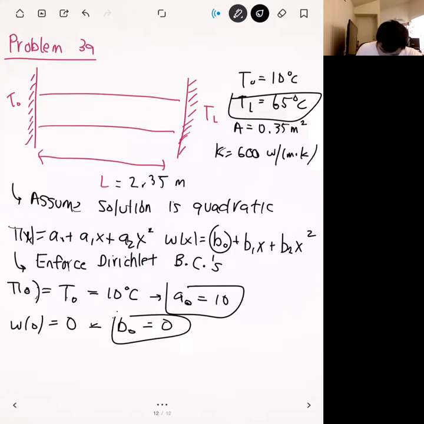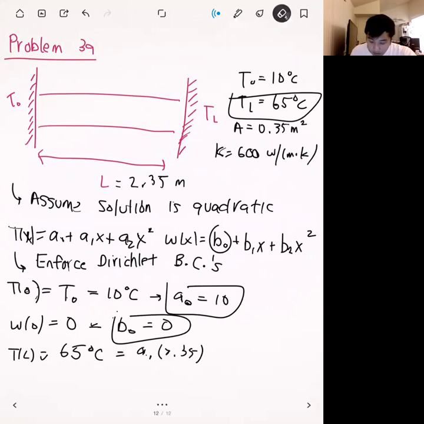Okay. And so our other boundary condition is going to be T at L, where L is equal to 2.35, and this is going to be 65 degrees C. Okay. And so we plug that in, we get A1 times 2.35 plus A2 times 2.35 squared, okay?